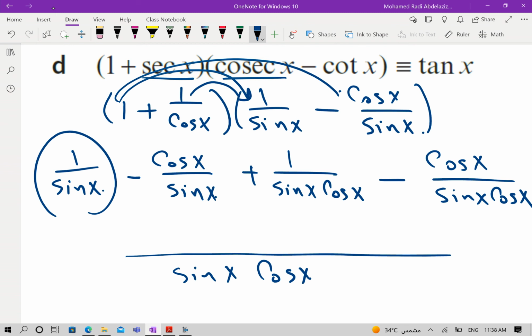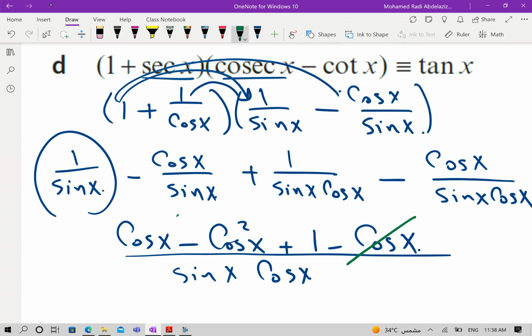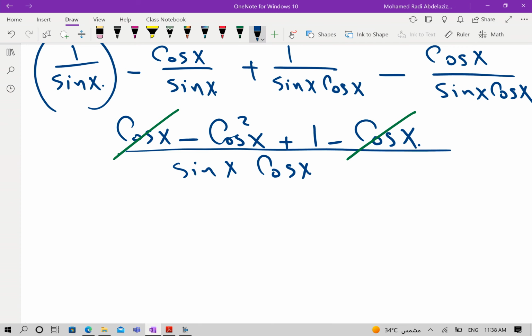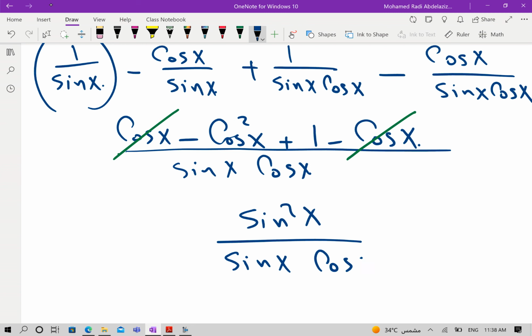So the first one, multiply it by what? By cosine. Second one, multiply by cosine, will be cosine squared. Same will be 1. Same will be cosine x. There is 1 positive, 1 negative. Remove it. 1 minus cosine squared is sine squared x, divided by sine x cosine x.